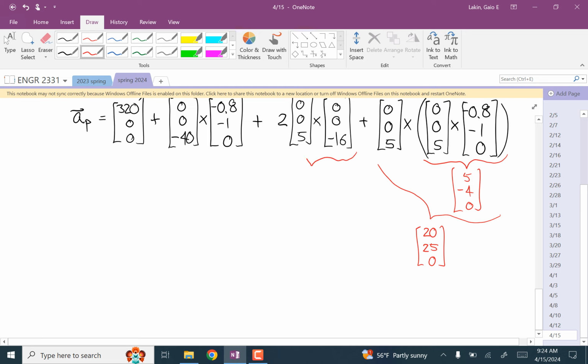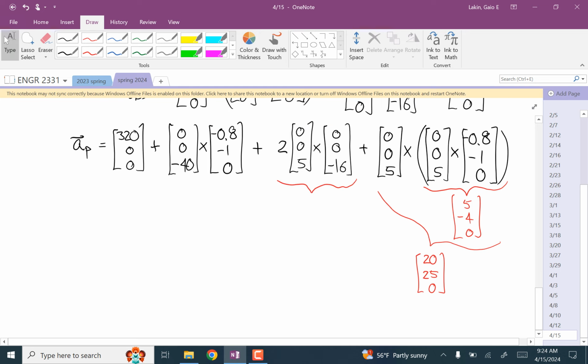For this one, we have these two vectors are parallel, so this is 0. For this one, we have minus 40, positive 32, 0.